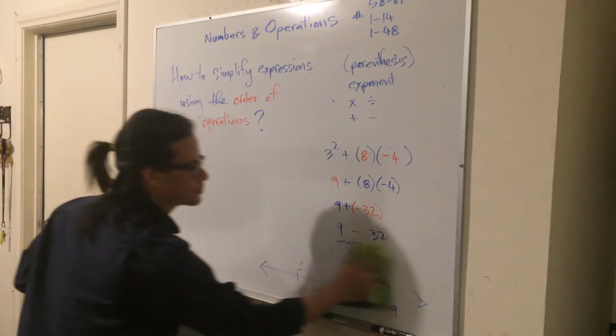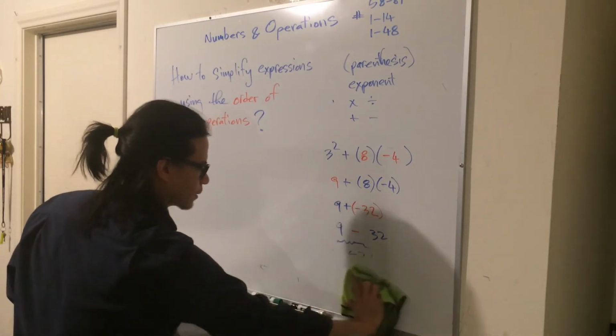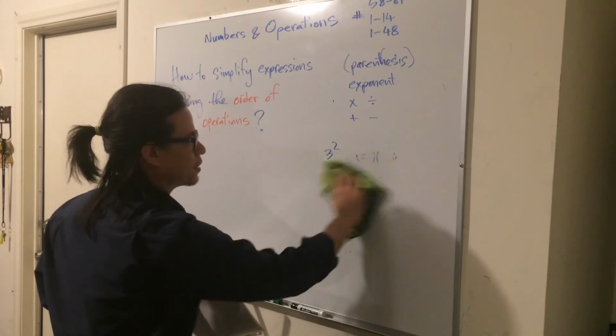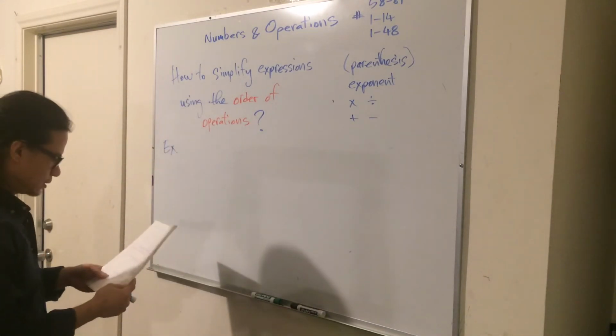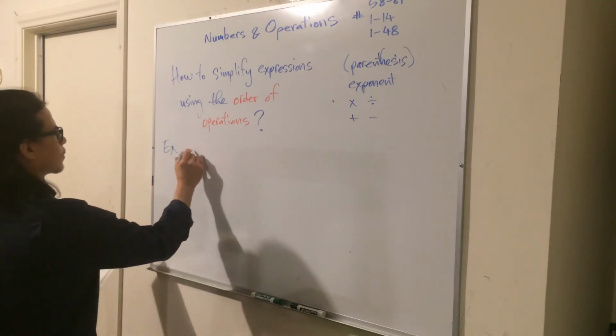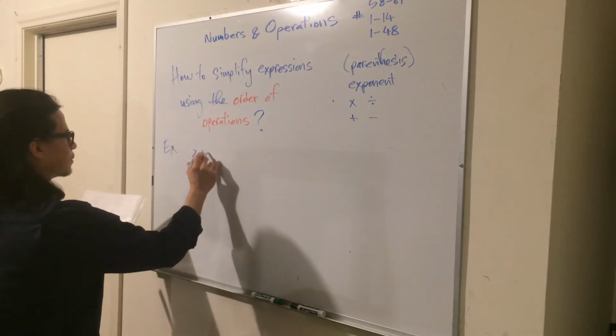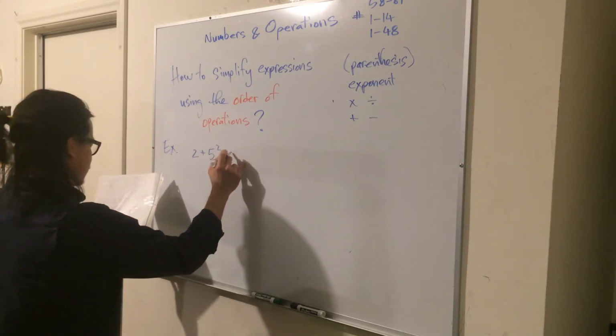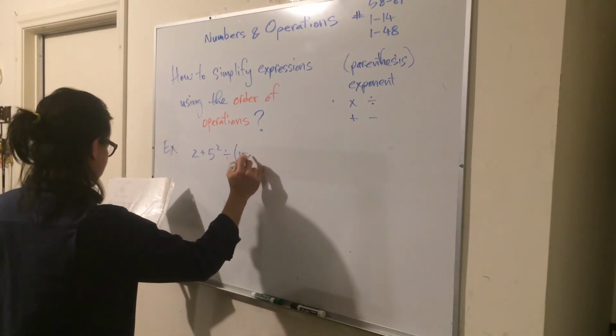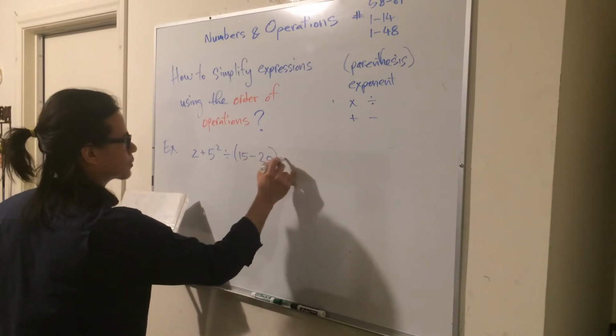One more, guys, before I run out of battery on my recorder here. So, 2 plus 5 to the second power divided by 15 minus 20 equals what?